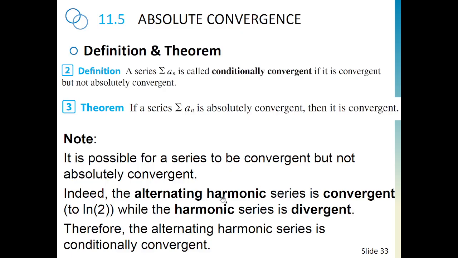So the alternating harmonic is convergent, but its absolute value version is the harmonic series. That one is divergent. So we will say that the alternating harmonic is conditionally convergent. So it's not absolutely, it's just conditionally. So those are the notions essentially. We have absolute convergence, conditional convergence. So some series are absolutely convergent, others are only conditionally convergent, and we can do nothing about it.